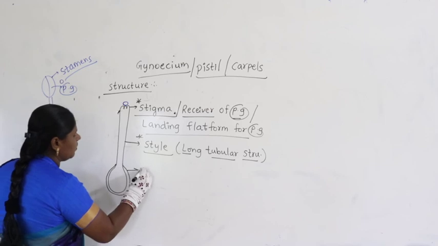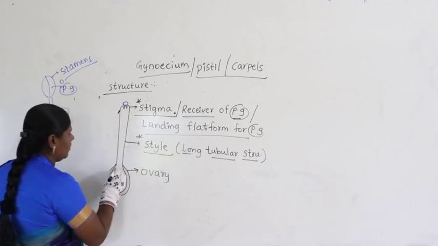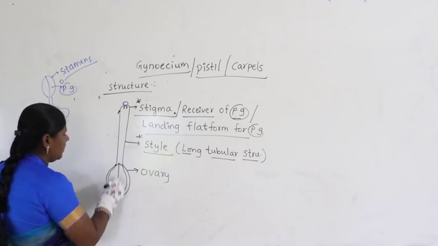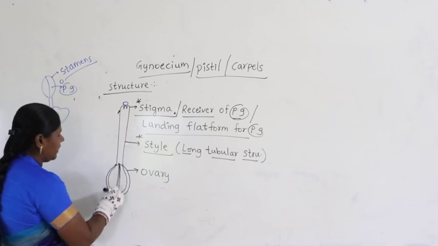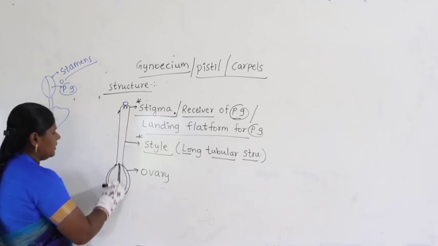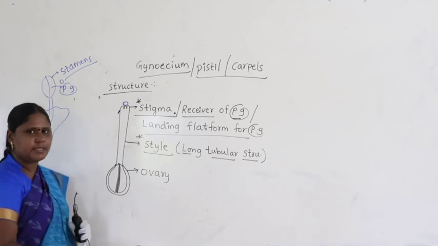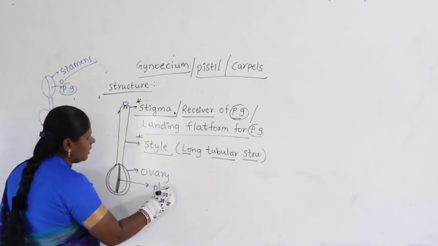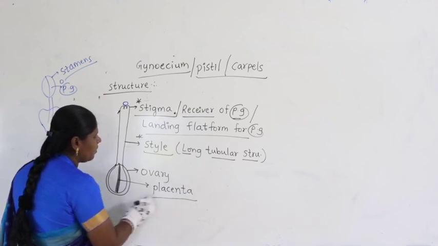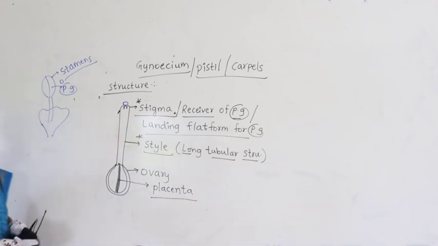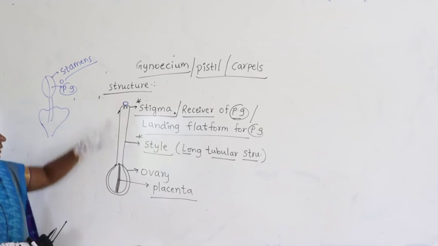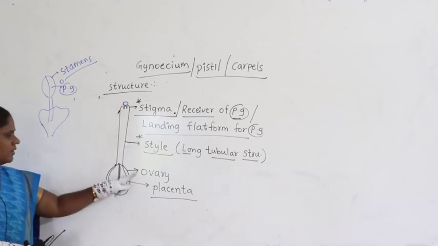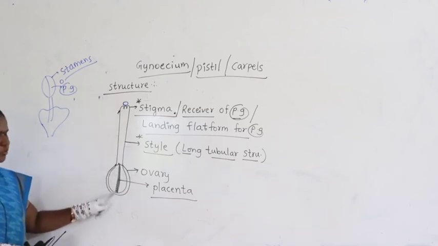This is what is called ovary. Now, within the ovary, in the center, we find the tissue which supplies nutrients to the ovary. This is called placenta. At the base of the gynoecium is the ovary, and within the ovary, the centermost tissue is the placenta.